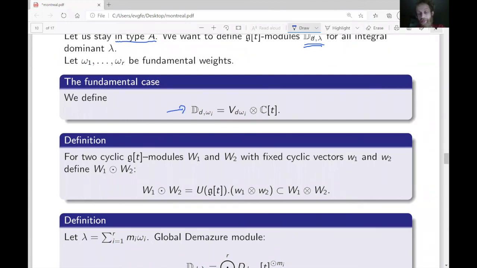So we do a very, very simple naive thing. So this is the G of T module. And how is it defined?